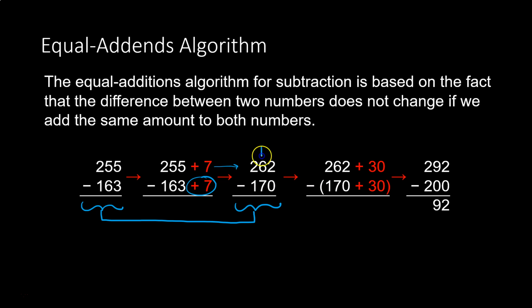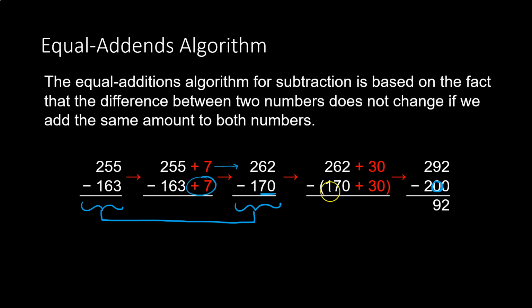But notice we still haven't eliminated the need for regrouping in the tens column. So we need to add another number to turn the tens digit into a 0. We know 7 plus 3 is 10. So if we add 30 to 70, we will end up with a 0 in the tens place.